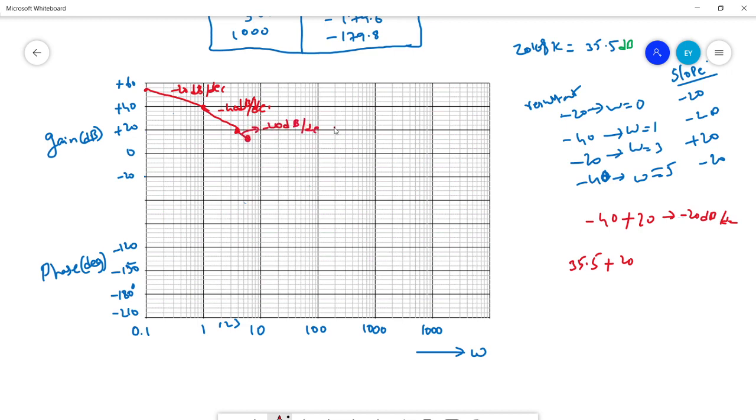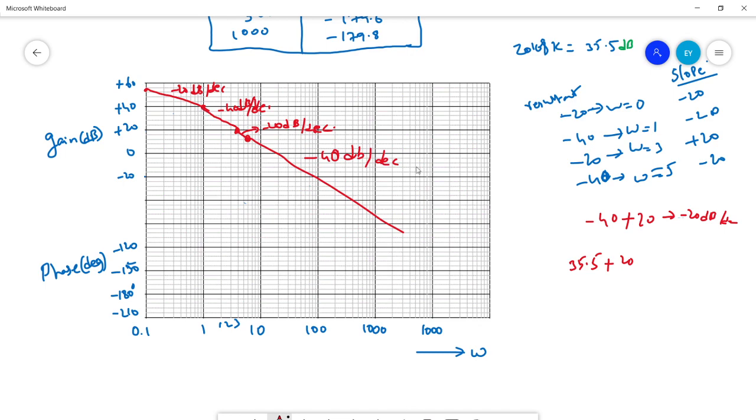Then at omega equal to 5, minus 20 dB is there, so the resultant will be minus 40 dB. This will go this way, which gives minus 40 dB per decade. This is how the gain plot looks, right?